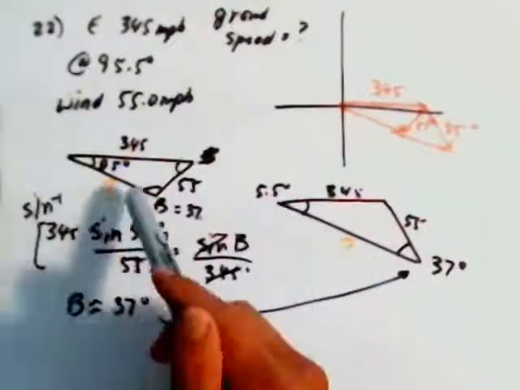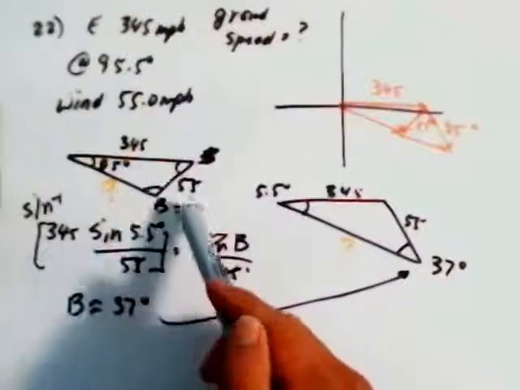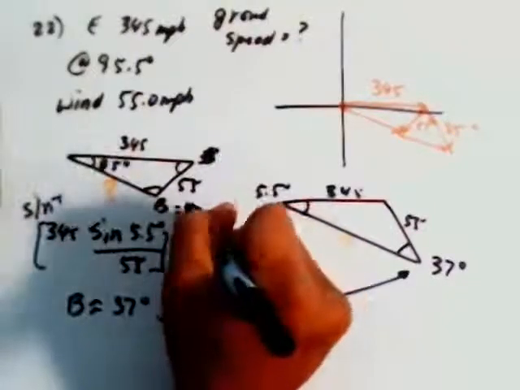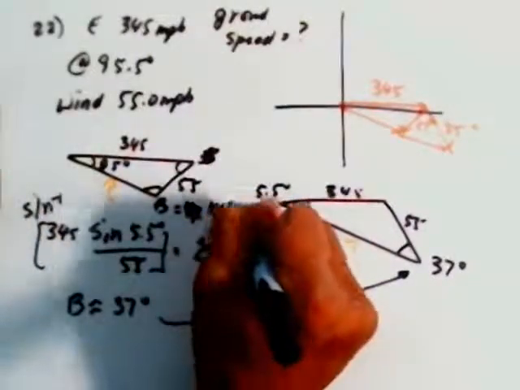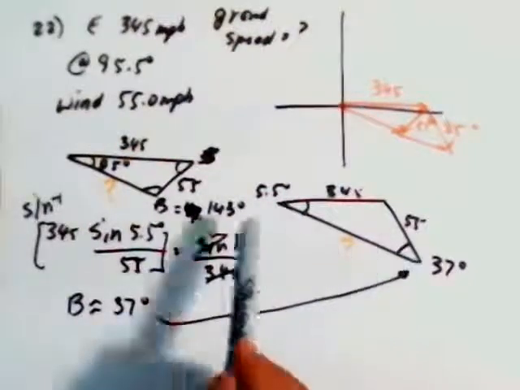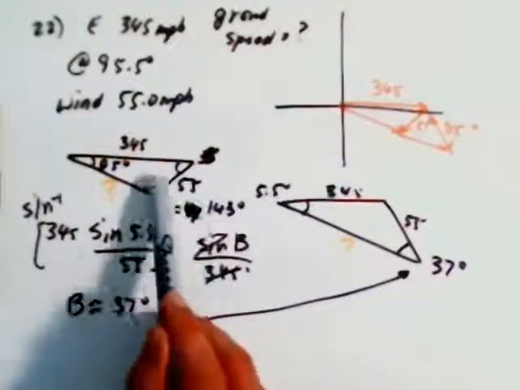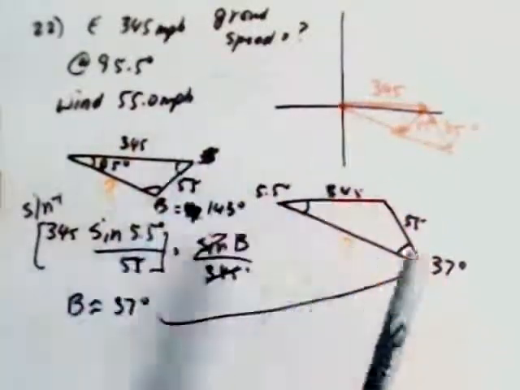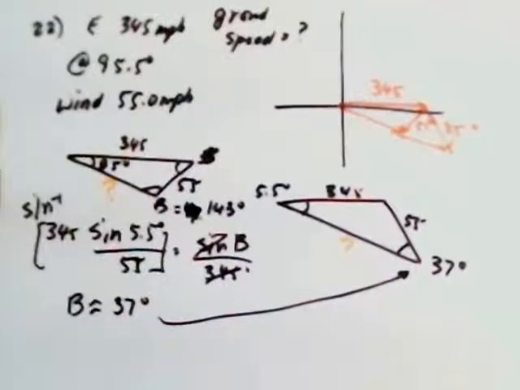Okay, because that looks to be 180 minus that. So 180 minus 37, and that's going to be 143. From here you can use the law of sines again. We know that this is a supplementary angle of the 37, just like what we did with the ambiguous cases. Hopefully that'll be enough to get you started for most of these problems.